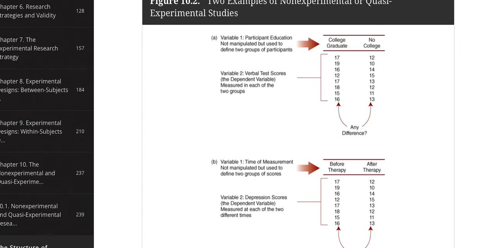Now, some of you might be looking at that and thinking that looks very similar to some of the examples that we talked about in the experiment chapters, and it does. But the difference here, if you really think it through, is that the before and after therapy categories, again, are not manipulated or controlled. These are people that went through therapy for depression, and you're comparing their scores before they were in therapy and after they were in therapy.